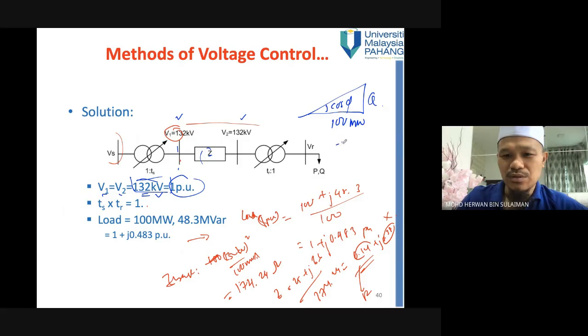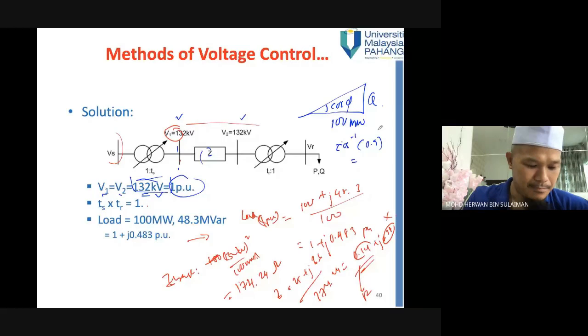So inverse cos 0.9, you get... so shift cos 0.9, you got 25.84. So your theta, your phi is 25.84 degrees.